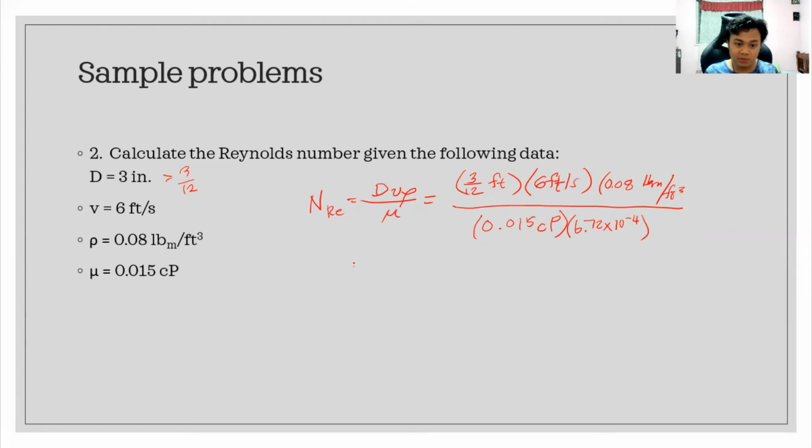Okay, so if you multiply that, you get the answer. It is equal to 11,904.8. So judging from this value, we can say that the pattern of our flow is turbulent.